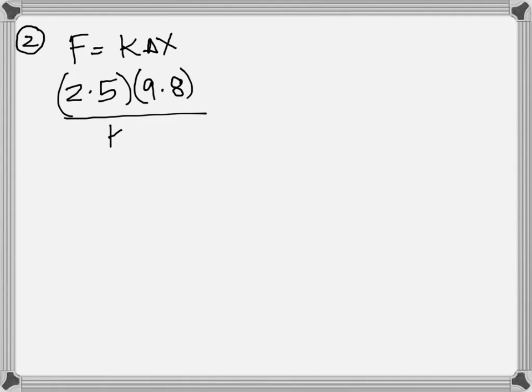And the second one, whenever you talk about stretching a spring, the force in the spring is k times delta x, where k is the spring constant. And therefore, you rearrange that to find the extension of the spring.